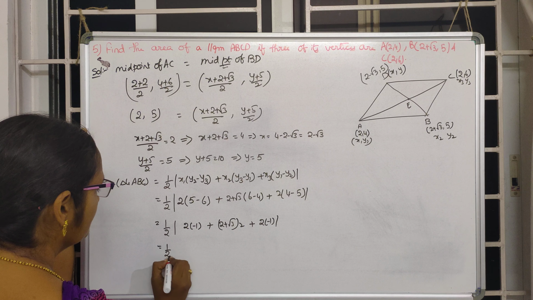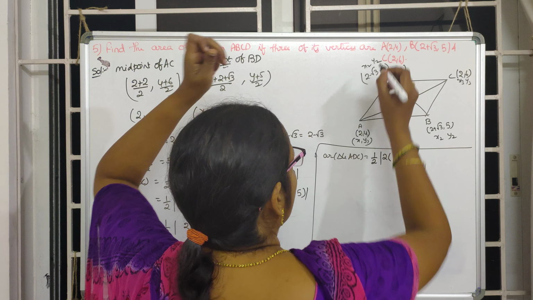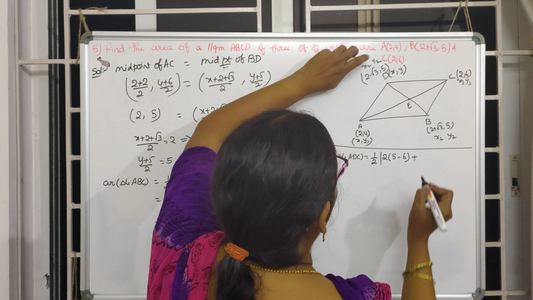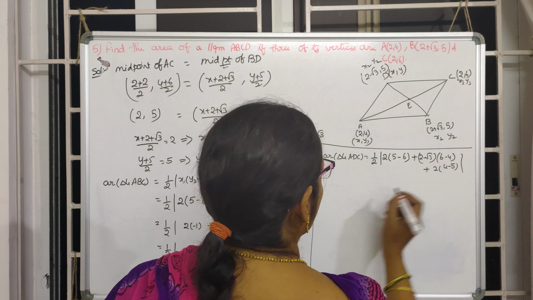In the same way, we will find the area of triangle ADC. Same formula. So half absolute of x1 is 2, into (y2 minus y3), 5 minus 6, plus x2, that is 2 minus root 3, into (y3 minus y1), 6 minus 4, plus x3 is 2 into (y1 minus y2), 4 minus 5.